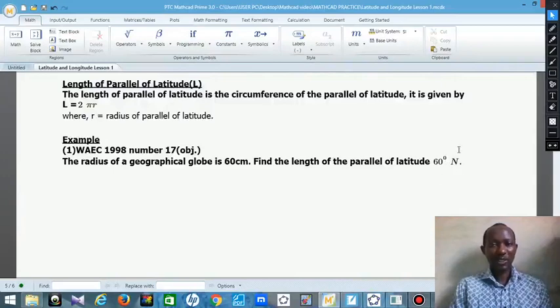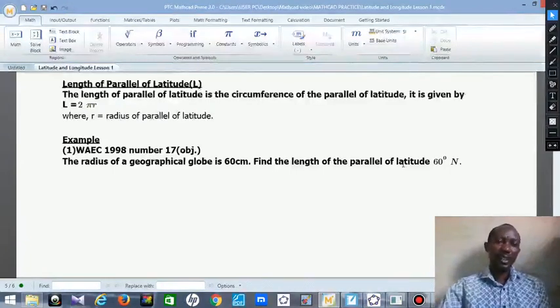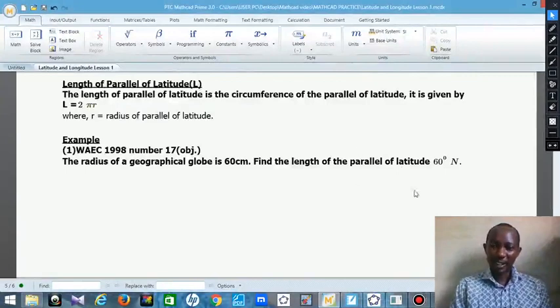Now I told you that they must give you the latitude if they want you to get the radius of parallel of latitude. So they want you to find the length of the parallel of latitude. You see now, if you don't know how to get the radius of parallel of latitude, how can you get the length? Because the length of parallel of latitude is 2 pi r, and r is the radius.